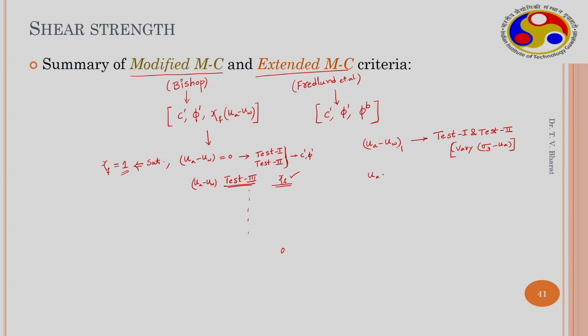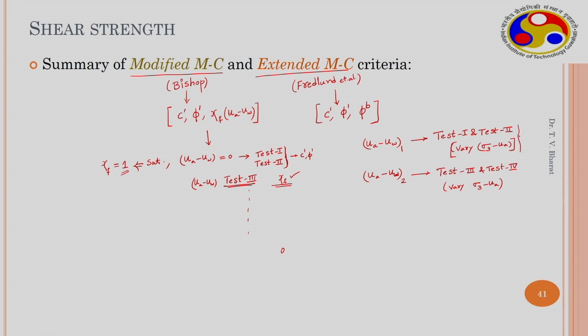Then conduct another two tests, test 3 and 4, again by varying sigma 3 minus u a or the net normal stress in direct shear, and conduct these two tests.